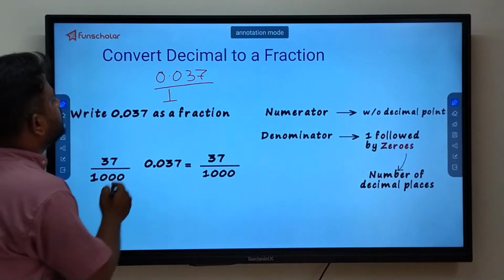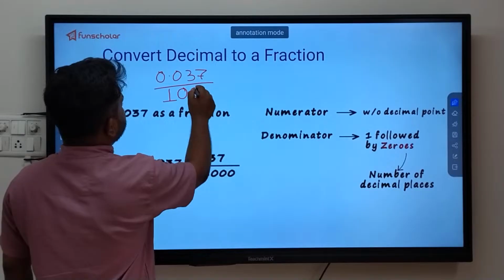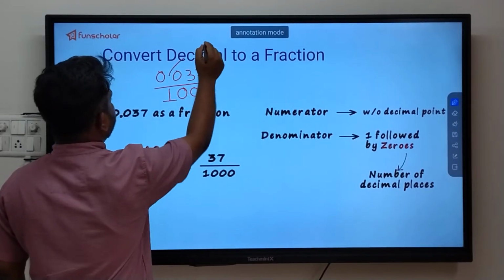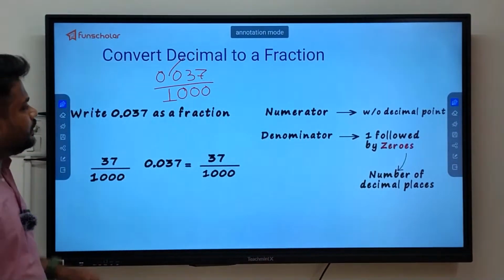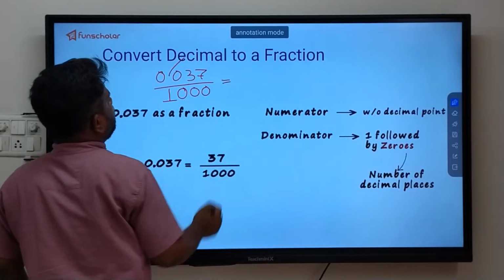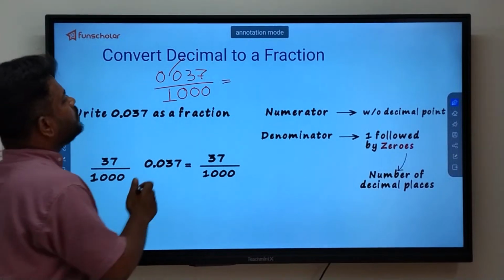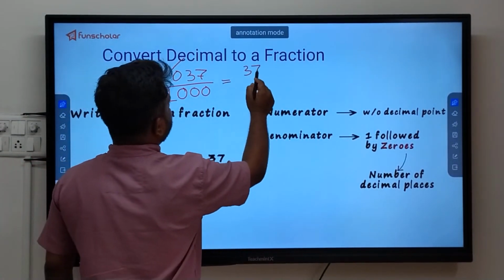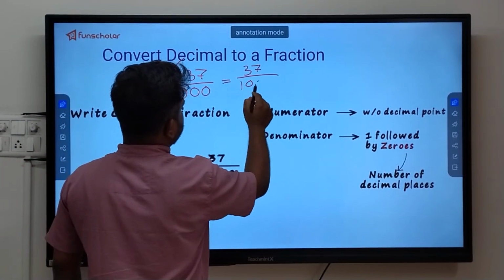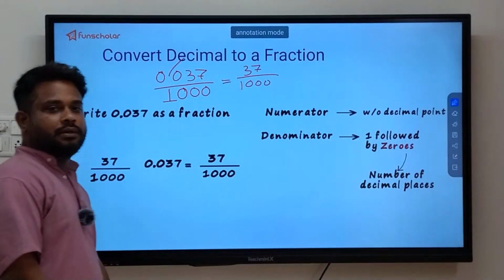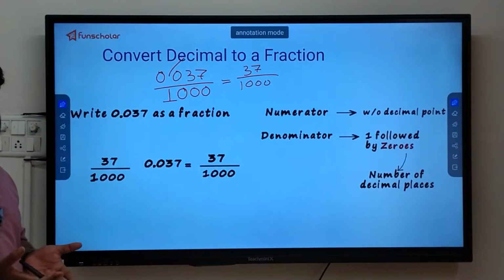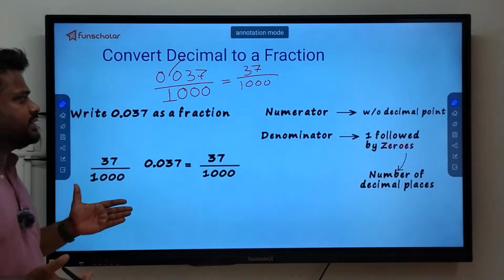There are 3 numbers, so we will put 000 after it, and then we will remove the point. Write it again. Before any number, 0 does not have any value, so it will be 37 by 1000. This will be the final answer, and it is a pretty easy process.